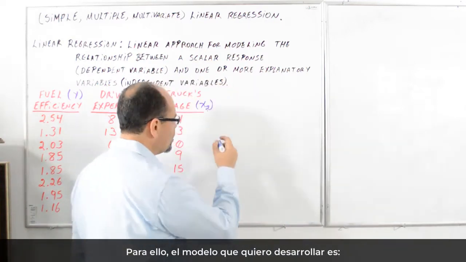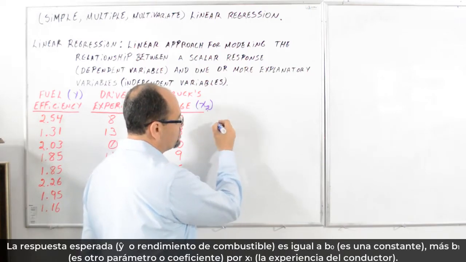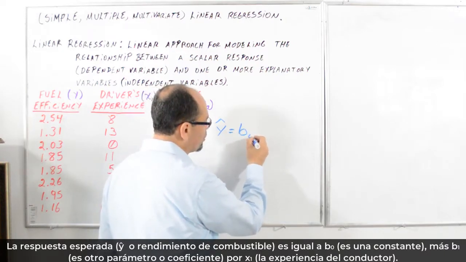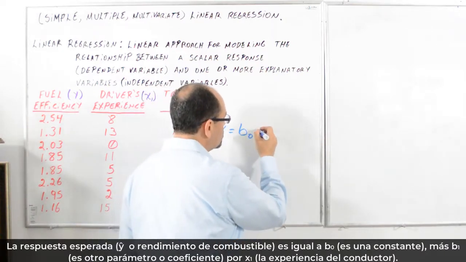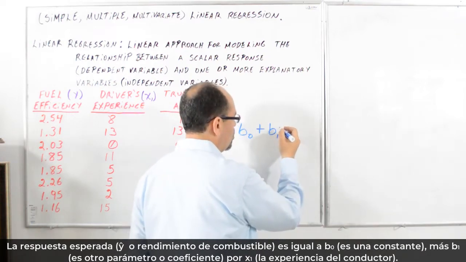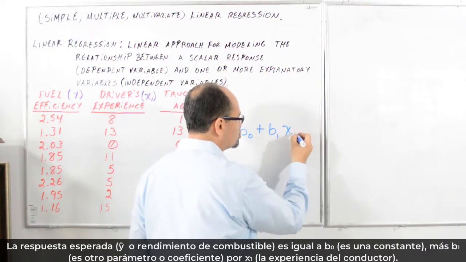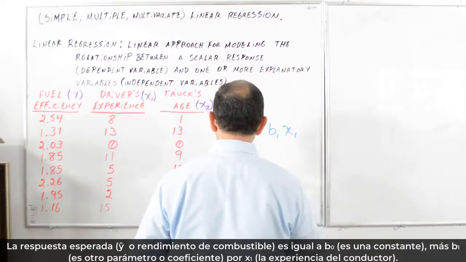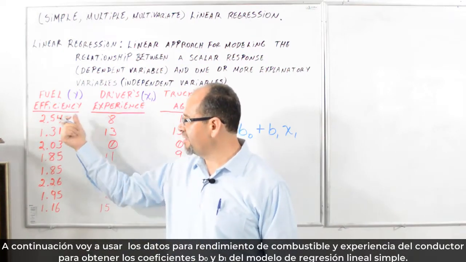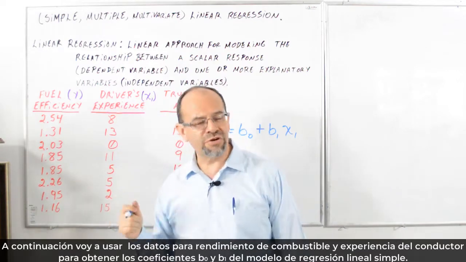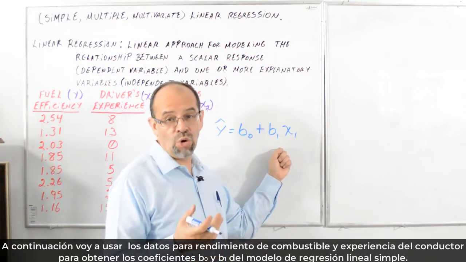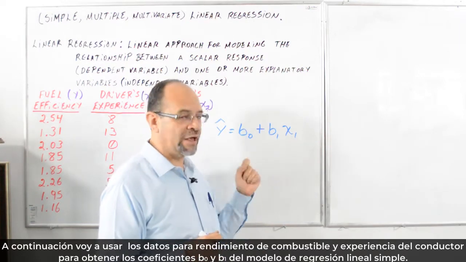So the model that I want to obtain is the expected response, the expected fuel efficiency, equal to V0, which is a constant, plus V1, the first parameter, or coefficient, times x1, and x1 will be the driver's experience. Using the data for fuel efficiency and driver's experience, the objective is to obtain the coefficients of the model, V0 and V1.